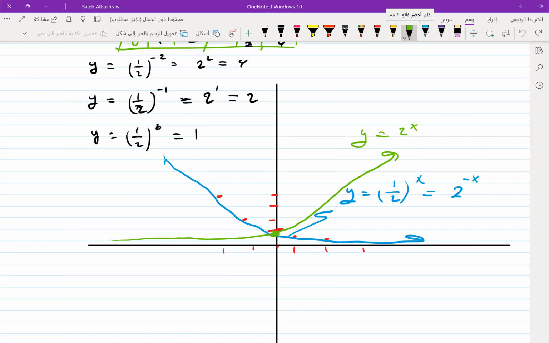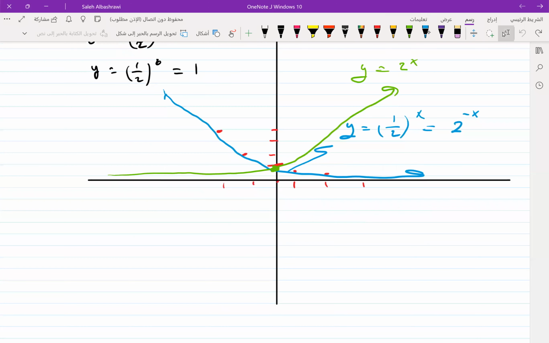So we can say in general, this will be a remark. Number 1: b to power x and b to power minus x.